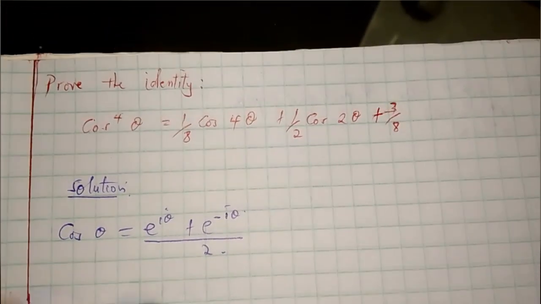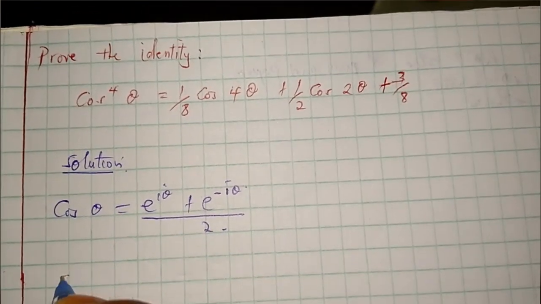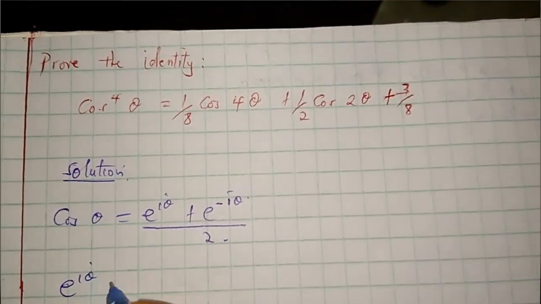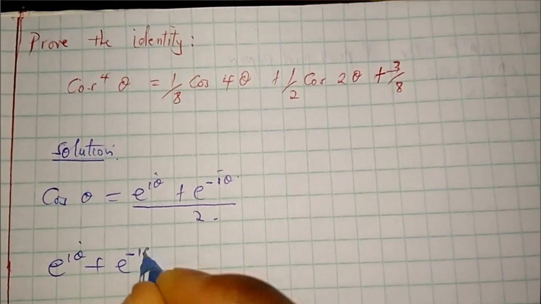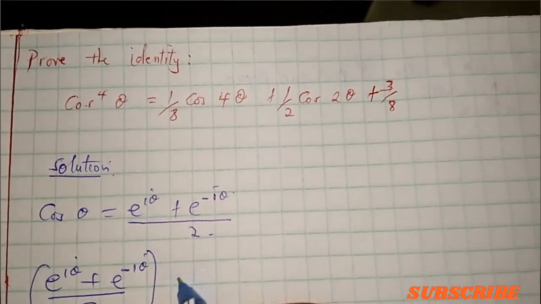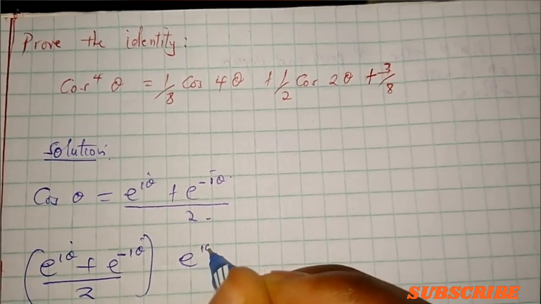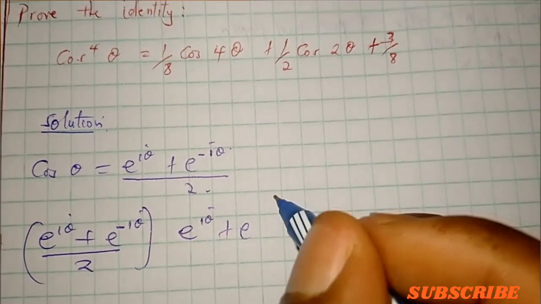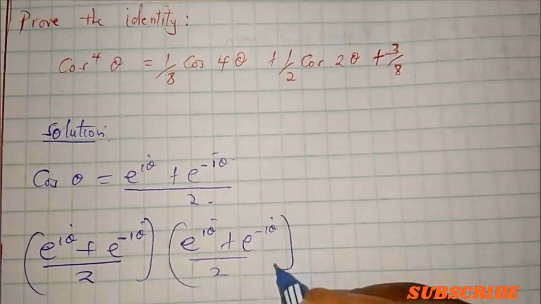Let's start. We have said that cos theta is given by this. We take (e raised to the power i theta plus e raised to the power negative i theta) over 2, and multiply by another one, (e raised to the power i theta plus e raised to the power negative i theta) over 2.